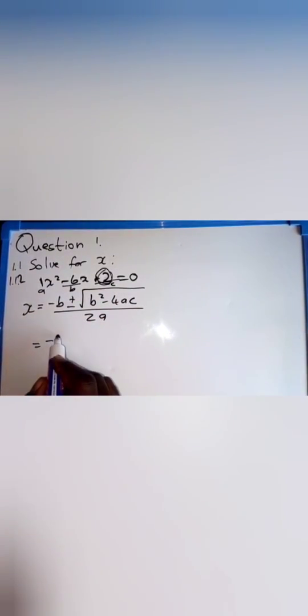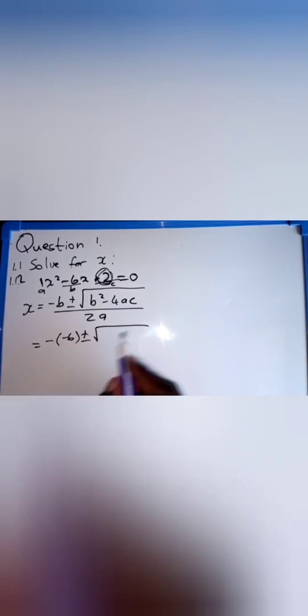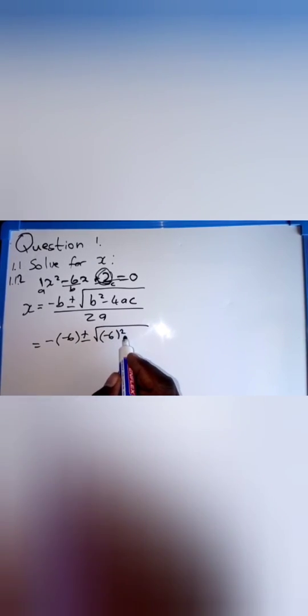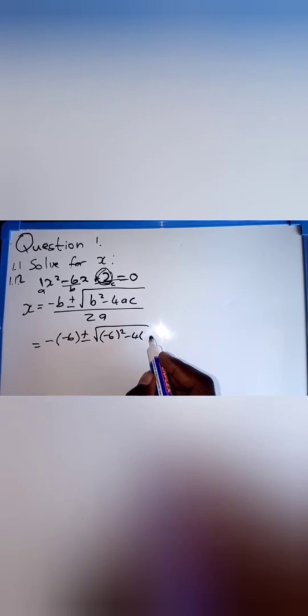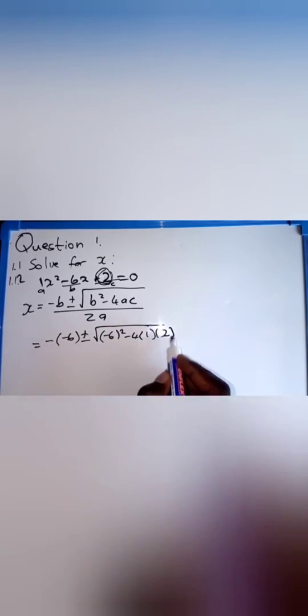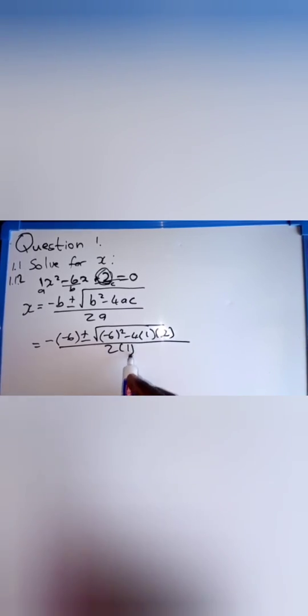So negative, my b will be negative 6 plus minus square root, my b will what? Be negative 6 squared minus 4, a is what? 1, and then c is positive 2 divided by 2, and my a is 1.